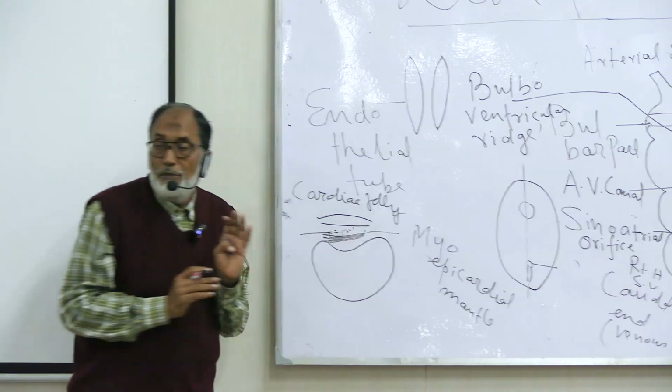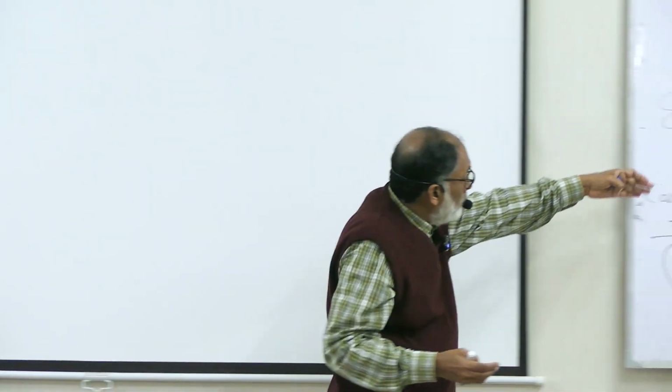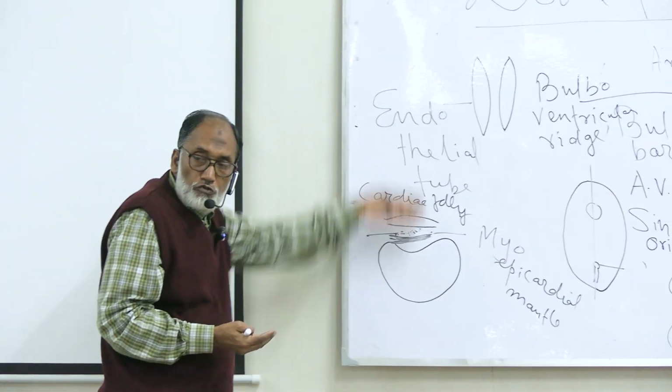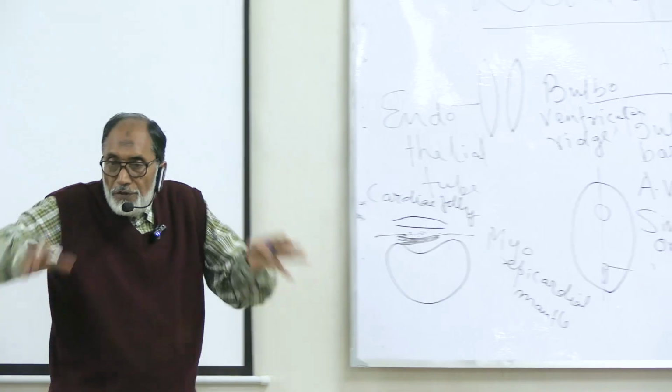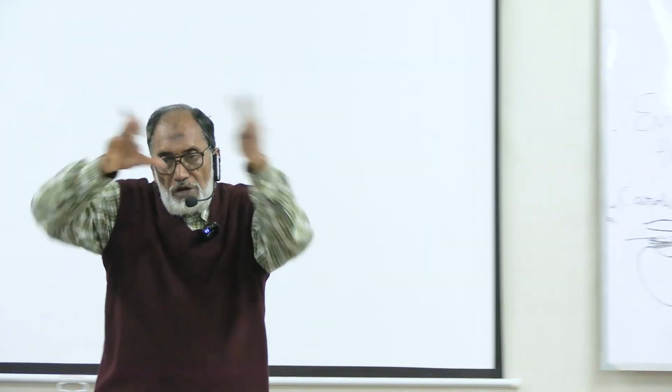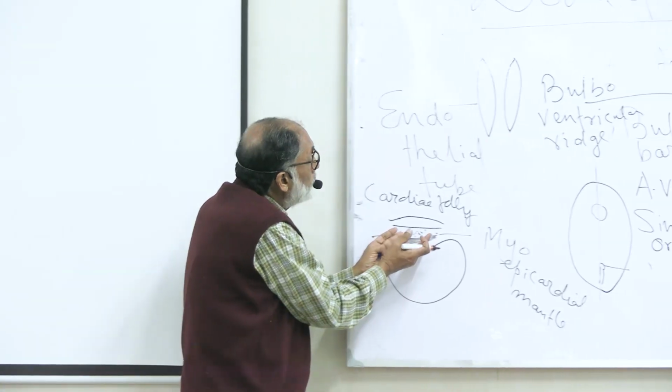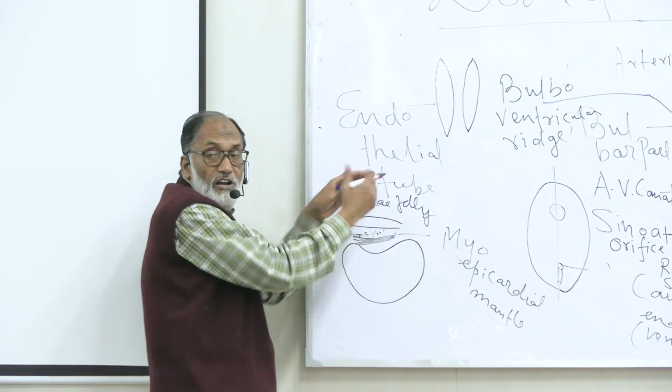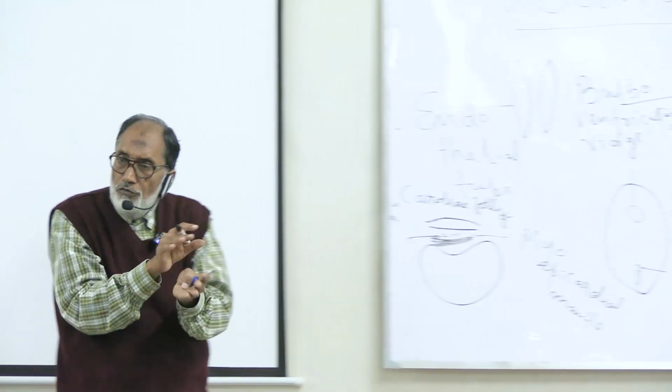From this myoepicardial mantle, the heart will gradually be introduced into the epicardium. You know, the epicardium will form the outer layer of the heart, and while it is introduced, this myoepicardial mantle will also engulf the heart tube.